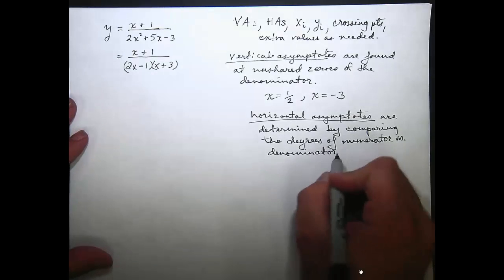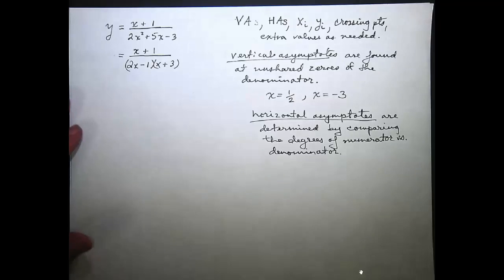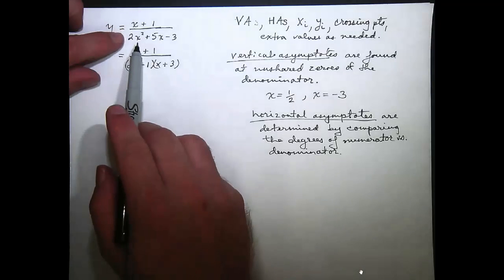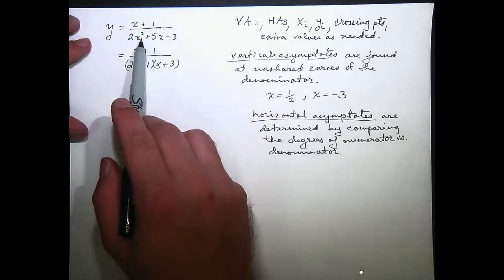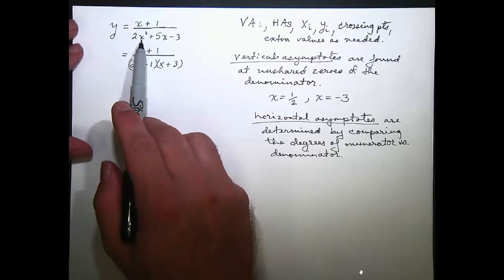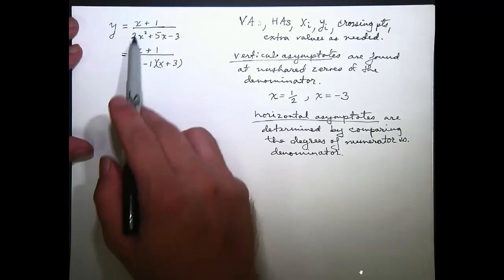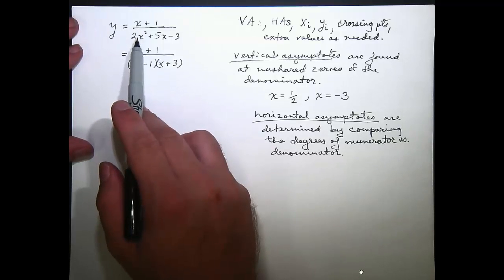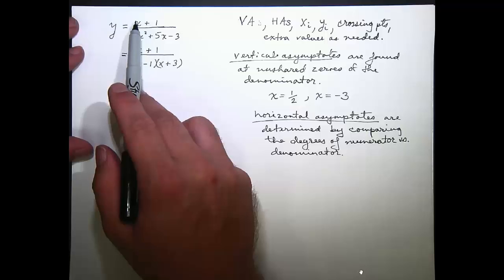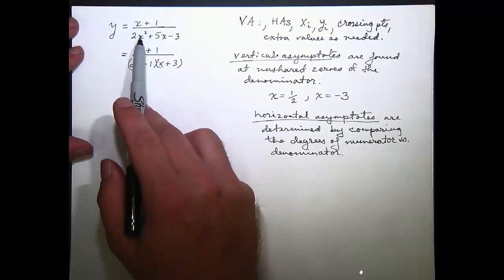And there's pretty much 3 cases. Either the degree of the denominator can be bigger, I call that case 1. The degree of the numerator and denominator could be equal, I call that case 2. And case 3 is when the degree of the numerator is larger than the degree of the denominator.